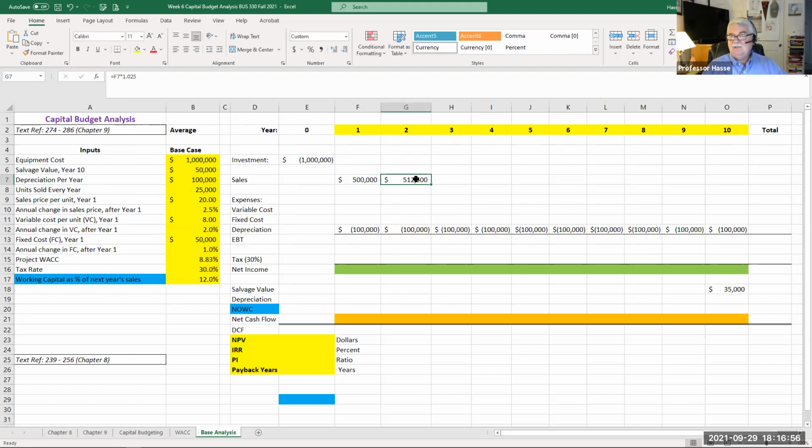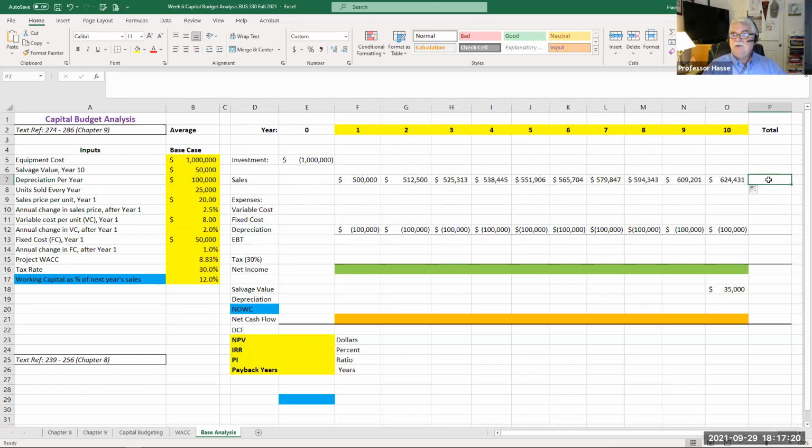So all we do is a little trick in our spreadsheet: grab the corner of the cell and slide it all the way down to year 10. And there's our total revenues over the next 10 years generated off this investment, 25,000 units at $20 a unit in year 1, and increasing in the sales price 2.5% every year.